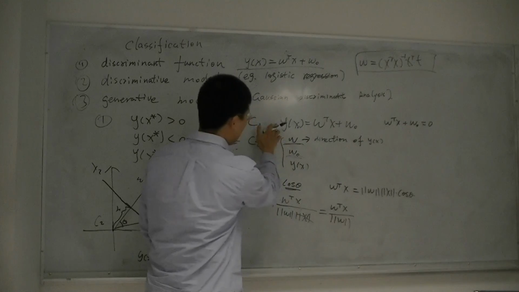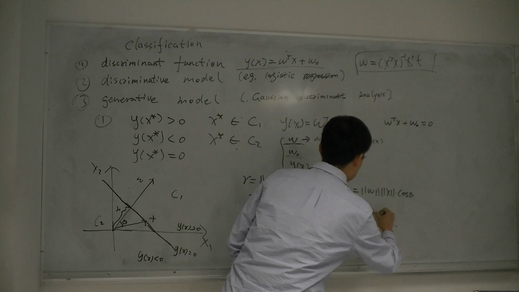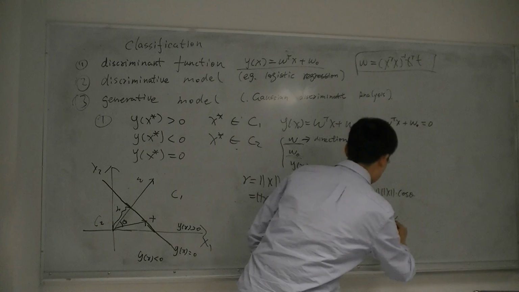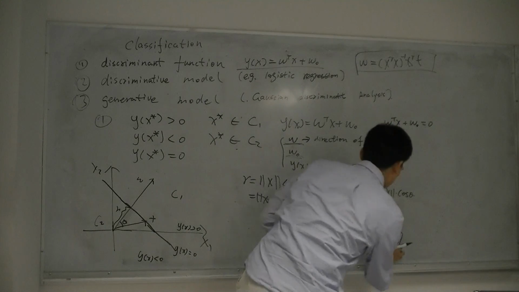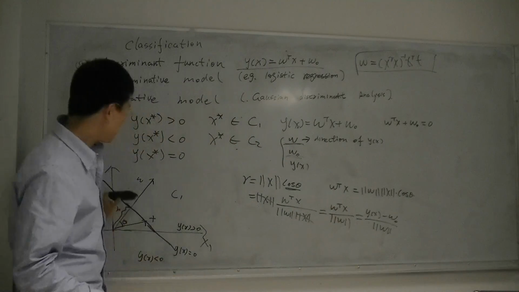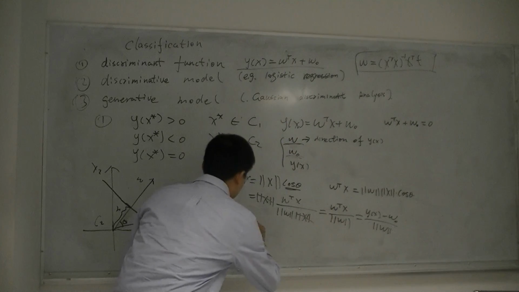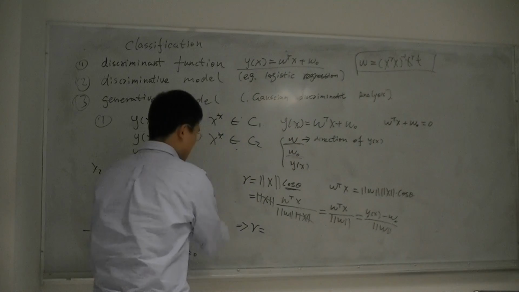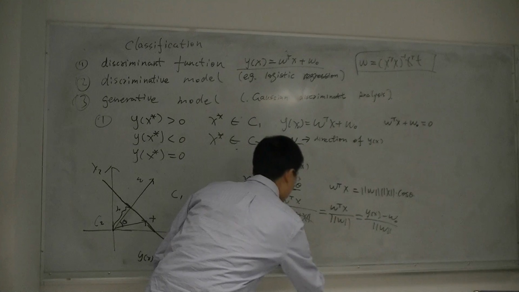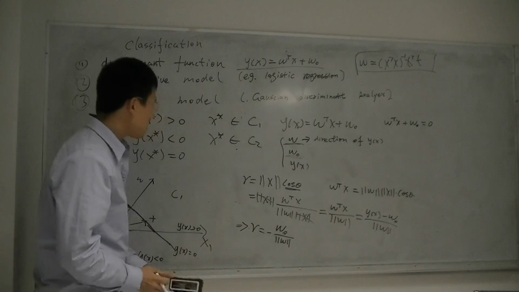And we substitute y into this equation here, which is y of x minus omega 0 over the magnitude of omega. Here x is on the classification boundary, so y of x equals 0, right? So we get the distance from the origin to the classification boundary is minus omega 0 over the magnitude of the vector omega.